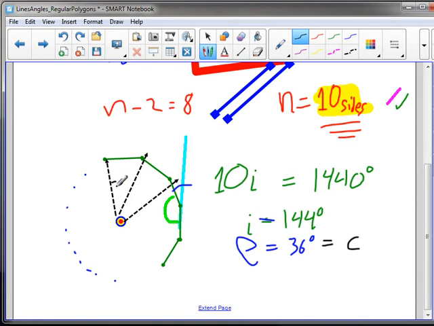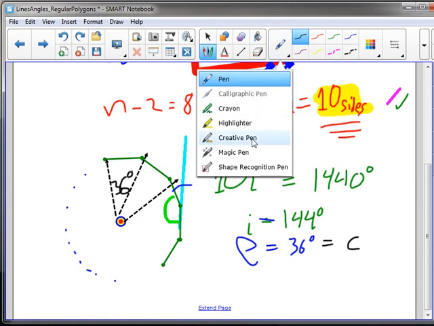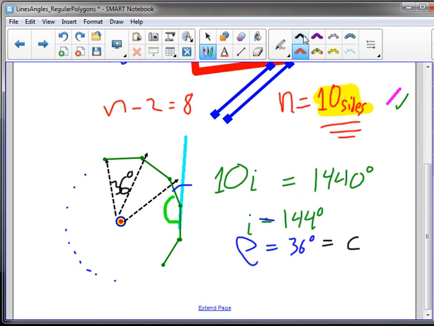But there's another way of thinking about it that I just want to end with. Here's another reason why you know it's 36 degrees, and this ties us into number 3 that we had done before. One central angle, two central angles, three, four, five, six.